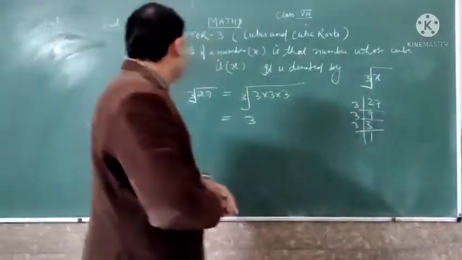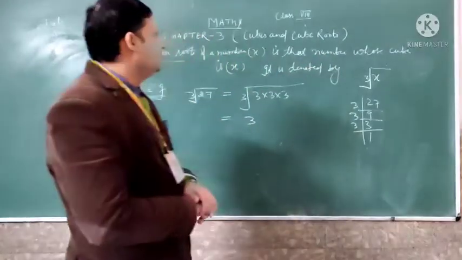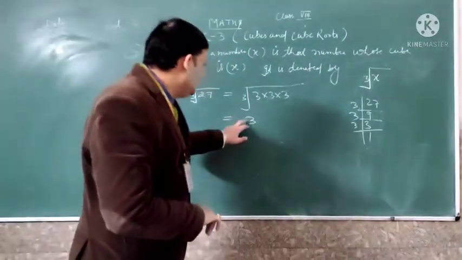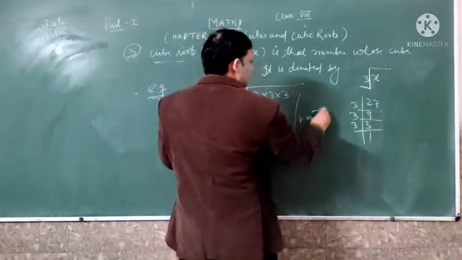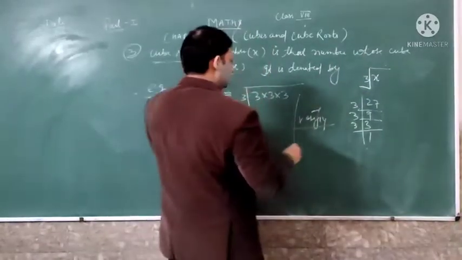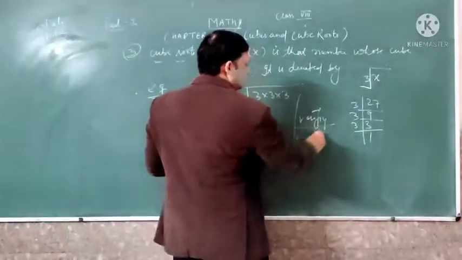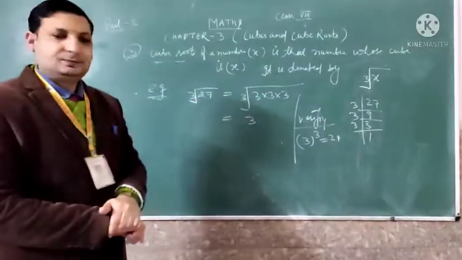So it means the cube root of a number is that number whose cube is x. See here, verification. Is that number whose cube? That number is 3, and the cube of 3 is 27. That will give x.